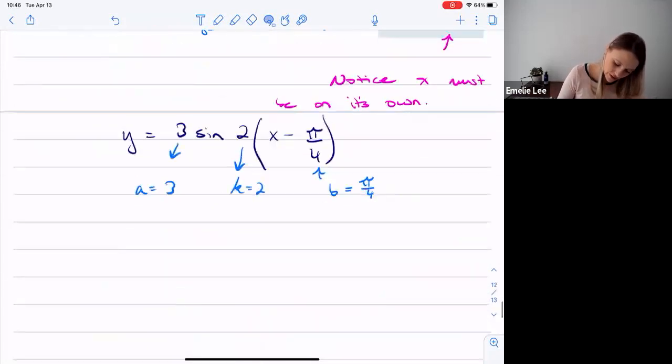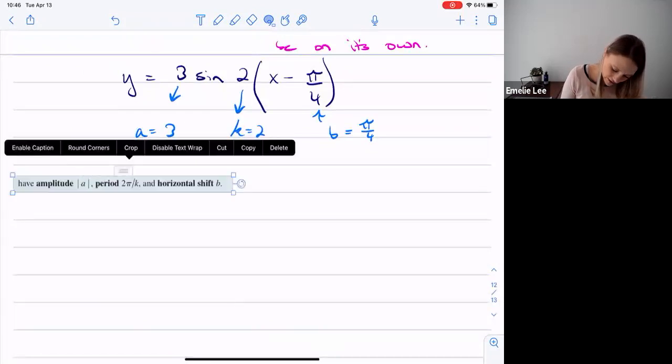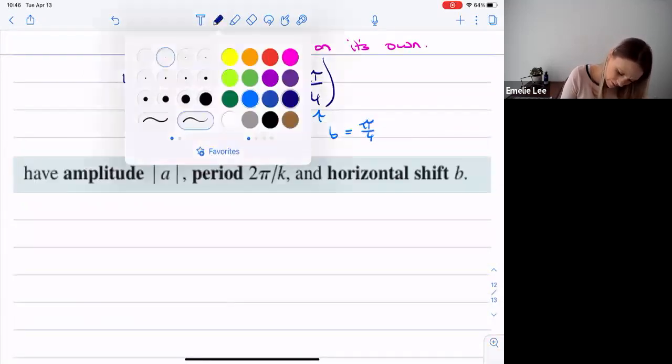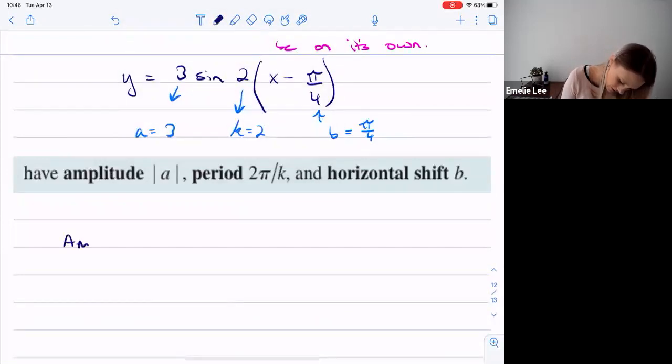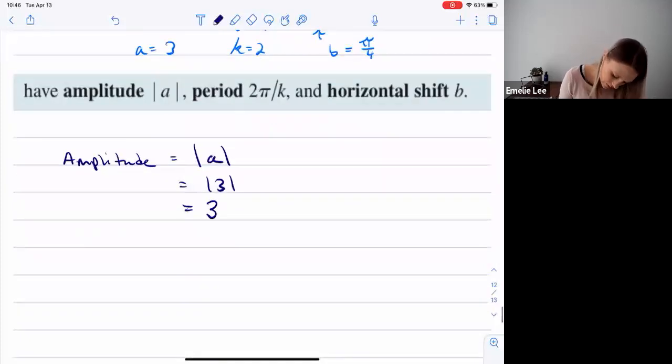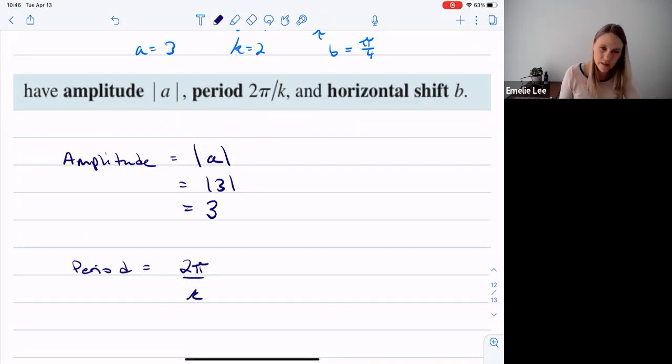Okay, so here, it's important that you don't just use those values straight up. You have to say, okay, well then my amplitude is the absolute value of a, which is the absolute value of 3, which is 3. So that's how you're going to get to the amplitude. The period is 2 pi over k.